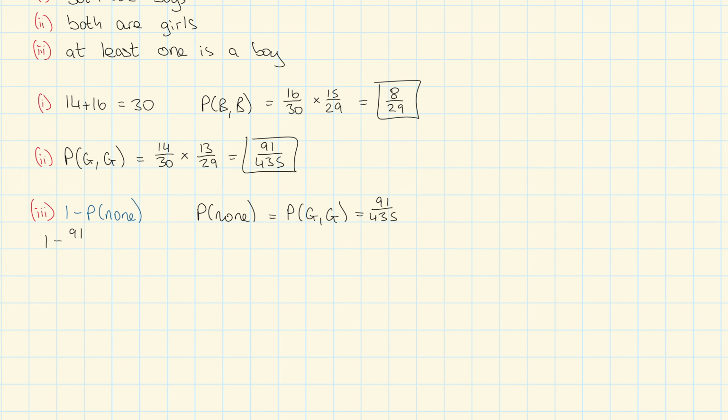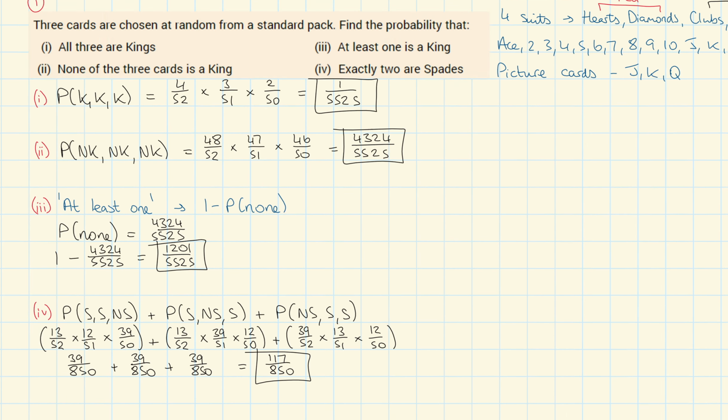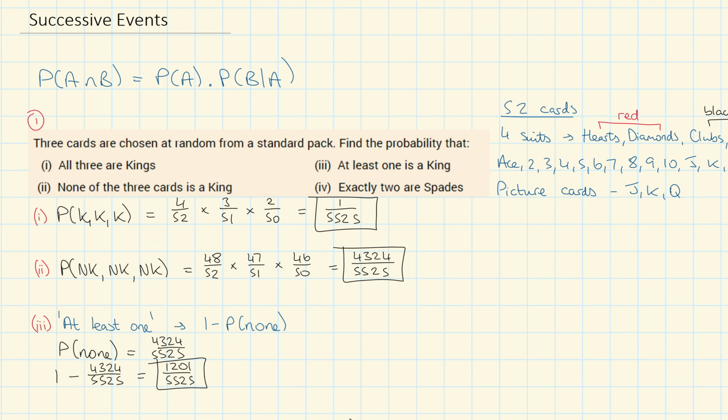So 1 minus 91 over 435 into your calculator will give you 344 over 435. That's your answer, and that's that question done, or those two examples done for successive events.